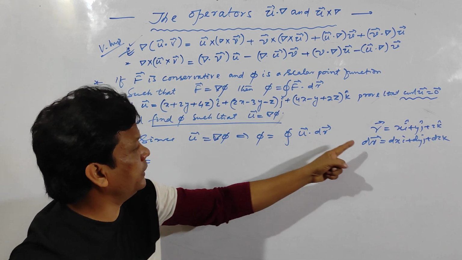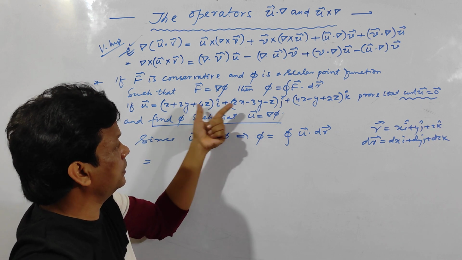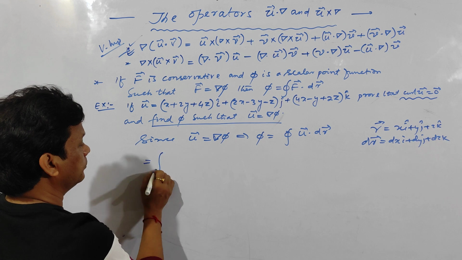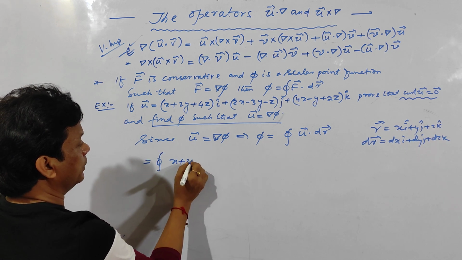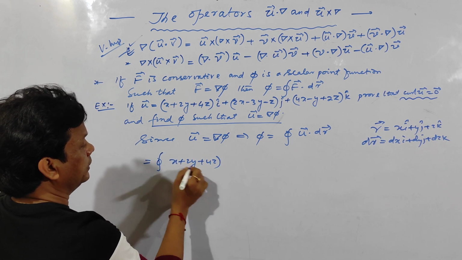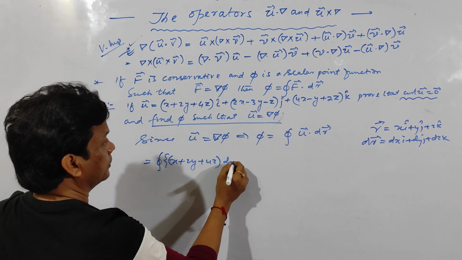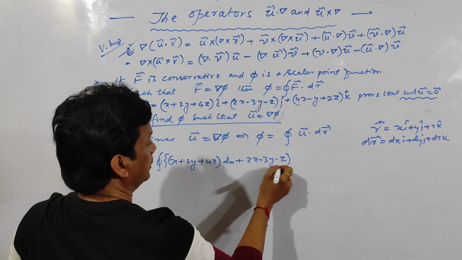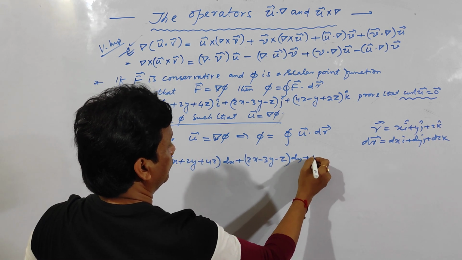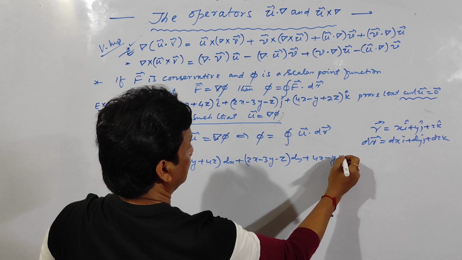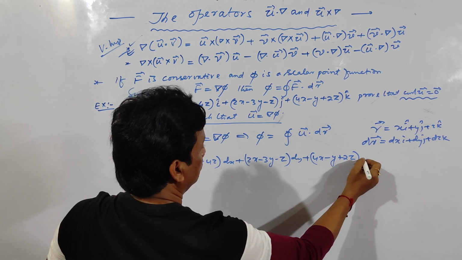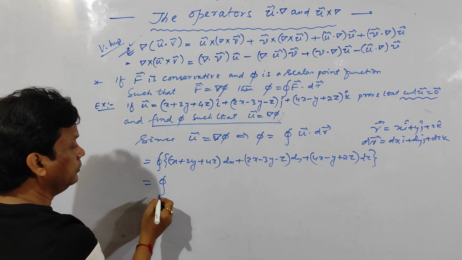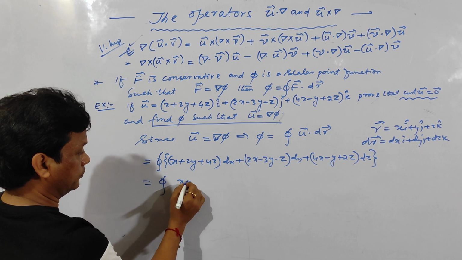So u dot dr, that means this one into dx, this one into dy, this one into dz. So I am writing directly (x plus 2y plus 4z) into dx plus (2x minus 3y minus z) into dy plus (4x minus y plus 2z) into dz.